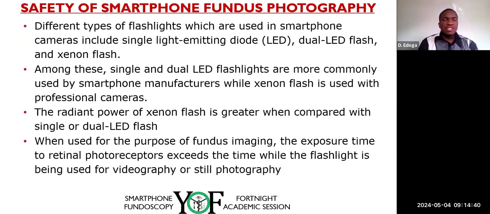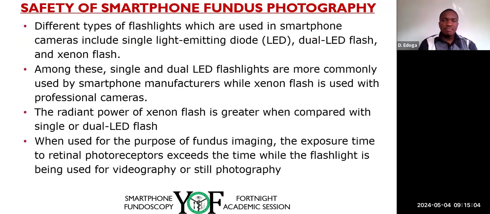In terms of safety, a lot of changes usually happen to smartphones, most commonly advancements in the technology of smartphones. If we remember, smartphones, when they started with the camera system, started with one flash and one camera.